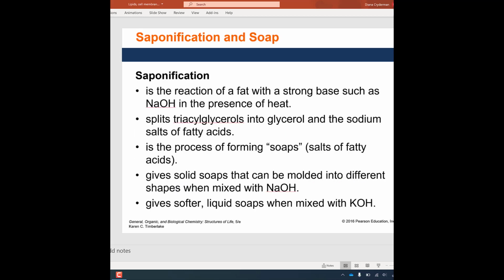And if we use a base, then we call it saponification, and the reaction of a fat and a strong base usually makes some sort of carboxylate ion salt, and that is how we form soap, if you recall. And so we'll be making soaps in lab.